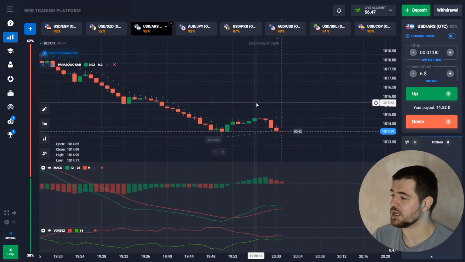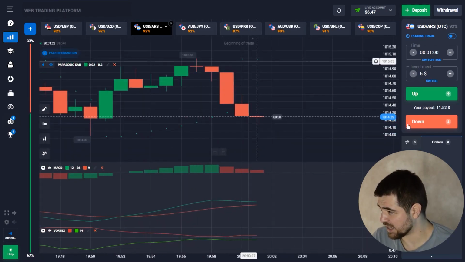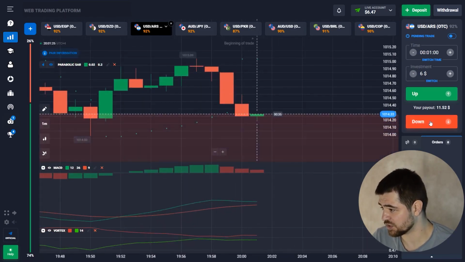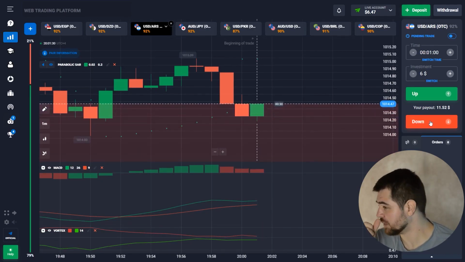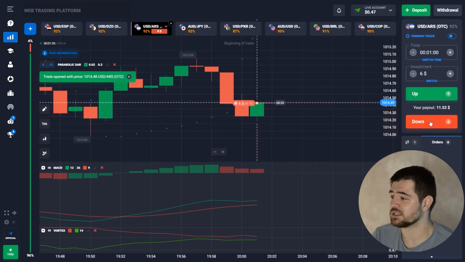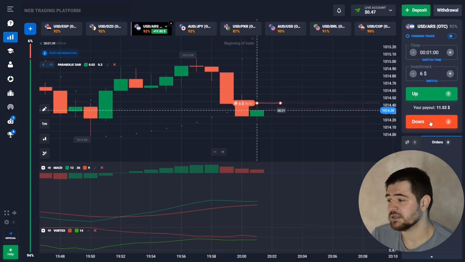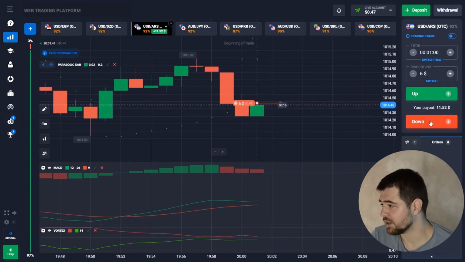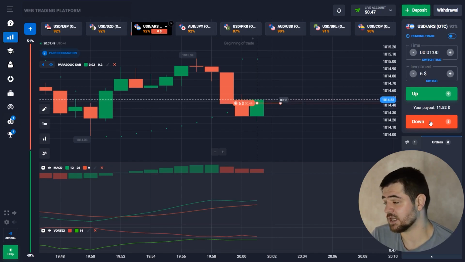So how about here? This is not a bad situation. The Vortex is showing that we still have the trend on the bearish side. Let's make that option a put option, and the parabolic SAR is also indicating that the price is going to go down.